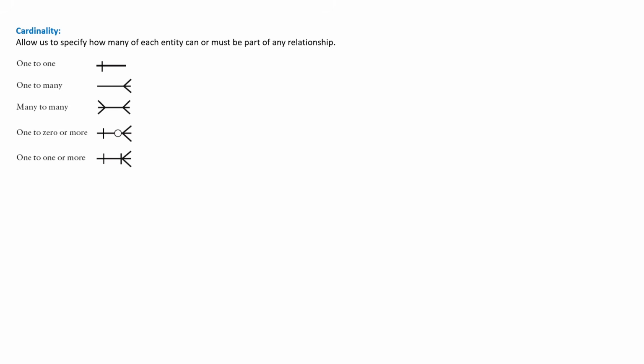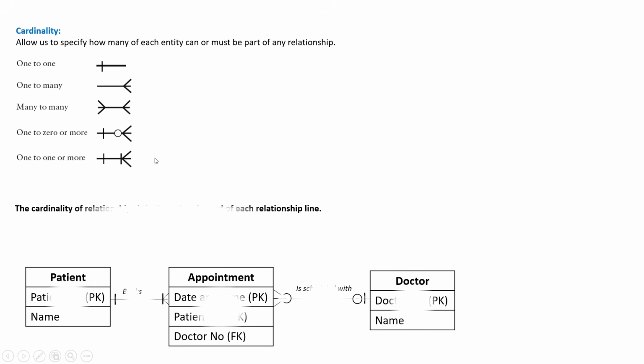Here's an overview of the cardinality, or the relationships that you need to know. We've got a one-to-one, a one-to-many, a many-to-many relationship, a one-to-zero or more, and a one-to-one or more. Let's take a look at what this would look like in our ERD. Again, we have our patient, and one patient books one-to-many appointments.